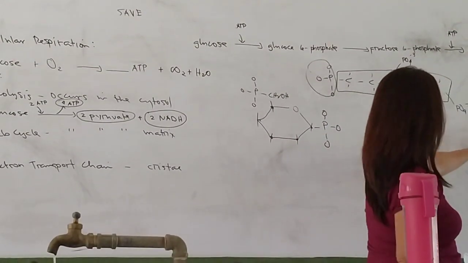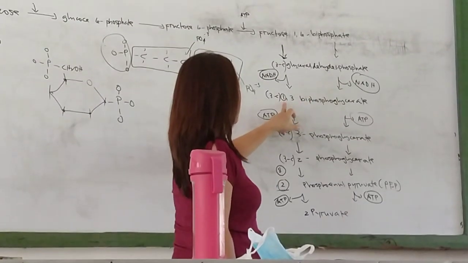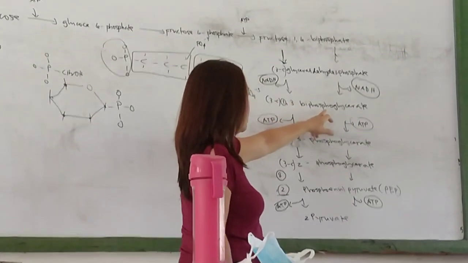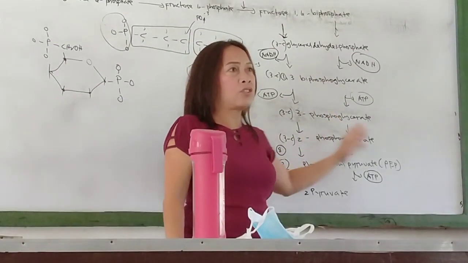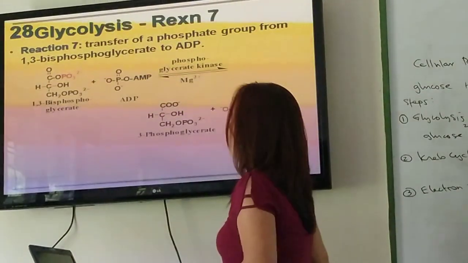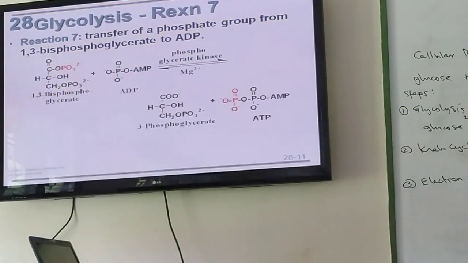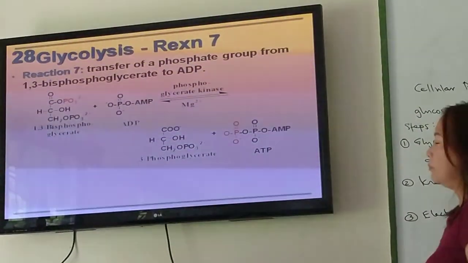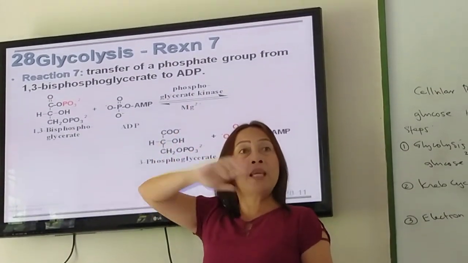So, the phosphate groups are found on the first carbon and on the third carbon of glyceric acid. Now, this time, this is an exergonic reaction. The next step involves an exergonic reaction where 1 phosphate is given off.